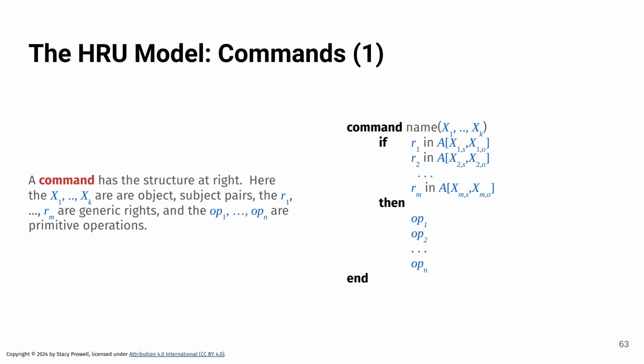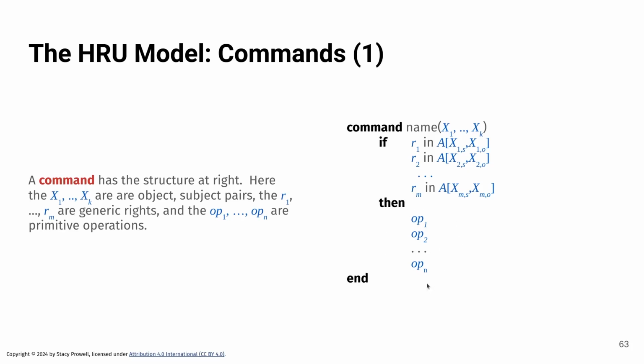What's a command? A command in the HRU model looks like a row out of that table from Graham-Denning. The table said, okay, there's a precondition, right? That's this if section up here. And then there's a transformation made to the access control matrix.